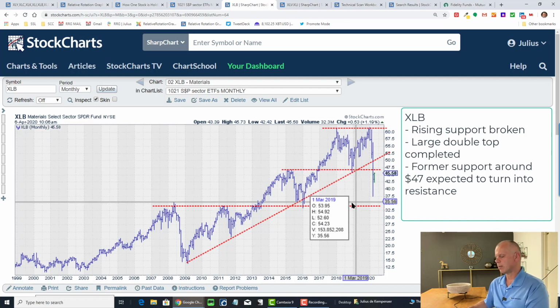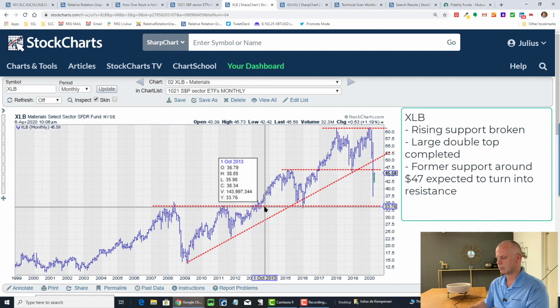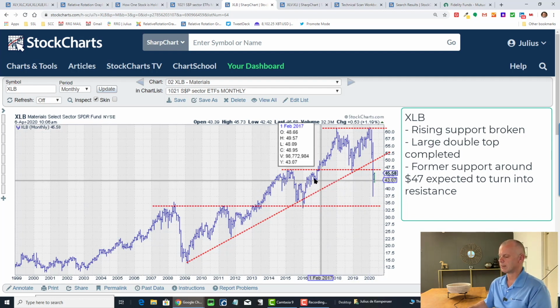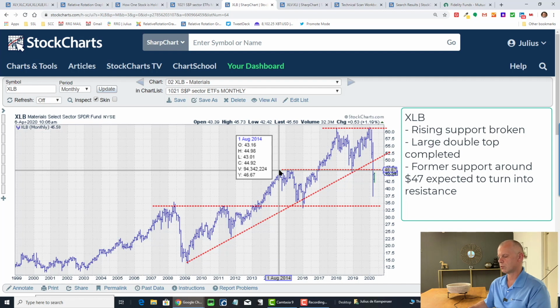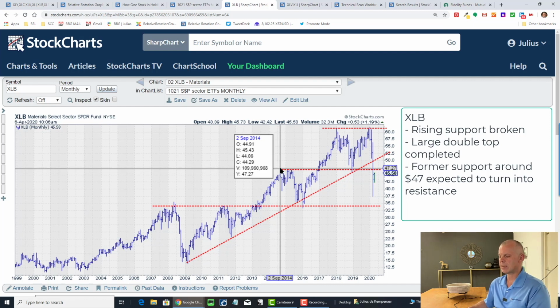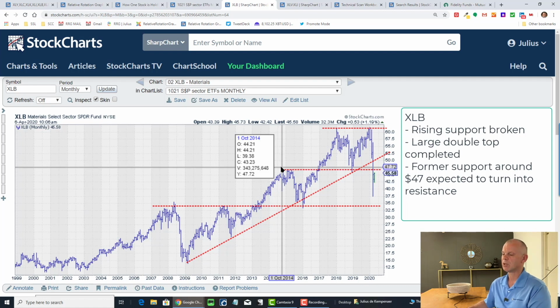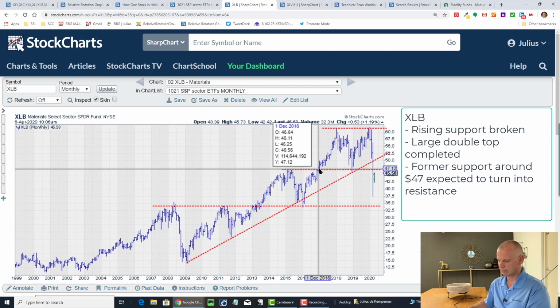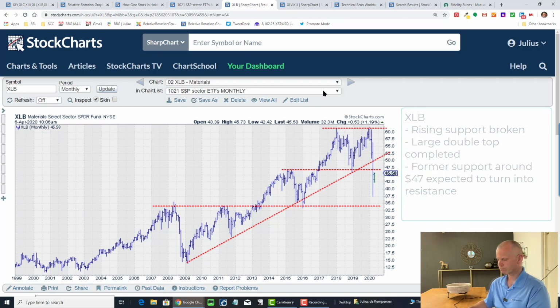And although we didn't reach the horizontal support level, which is 33.50 roughly, we're now rallying here, but this former support level is now expected to act as pretty serious resistance, and that's in the area around 47. And we saw that materials were in the lagging quadrant. So I expect the materials sector to have a hard time getting back above that 47, 47.5 level.